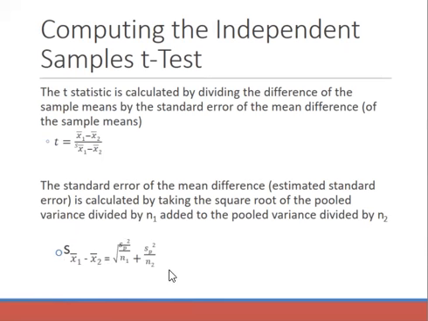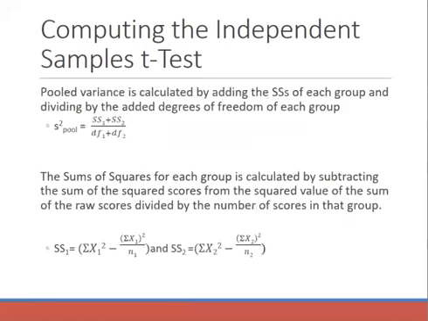So the standard error for an independent samples test measures the standard error of the distance between mean 1 and mean 2. Okay, so we're looking at the standard error of the mean difference. When we're comparing two groups, we want to know what's the variability around the difference of those two groups.